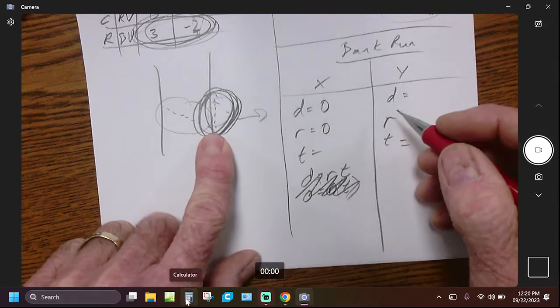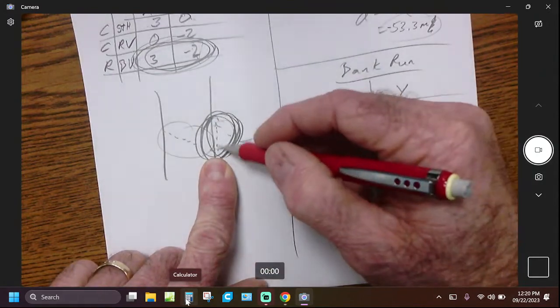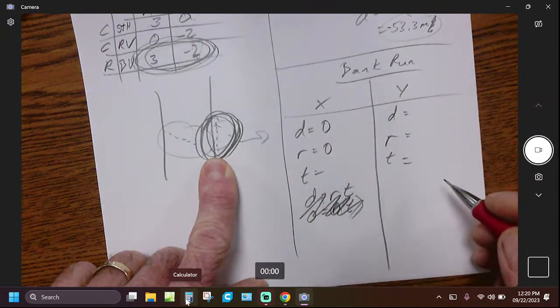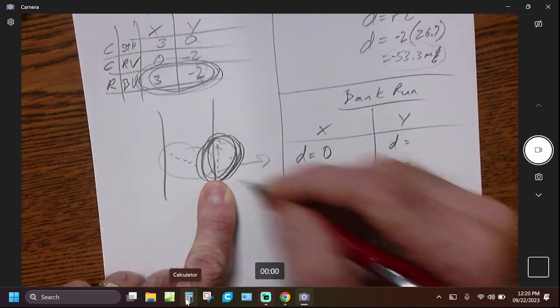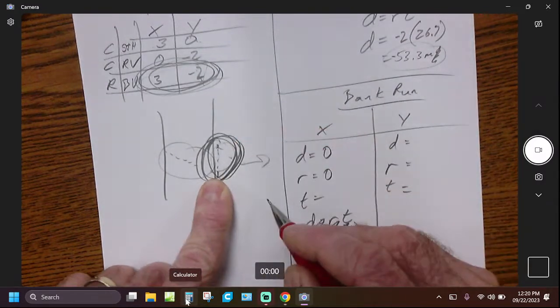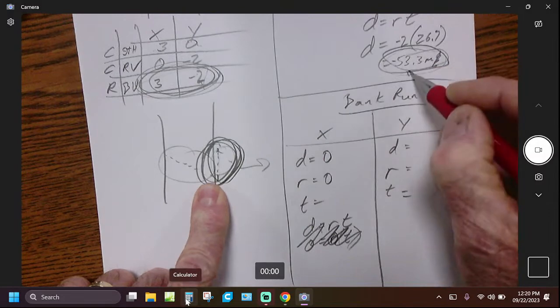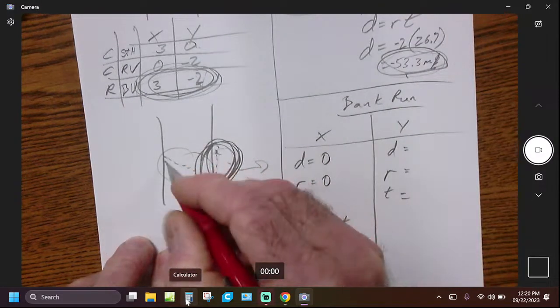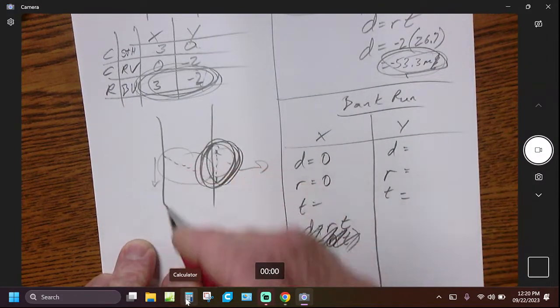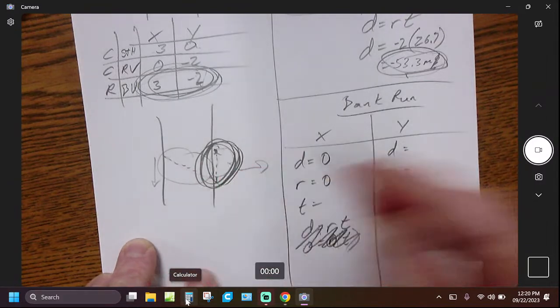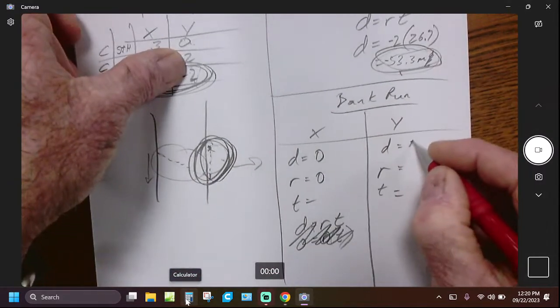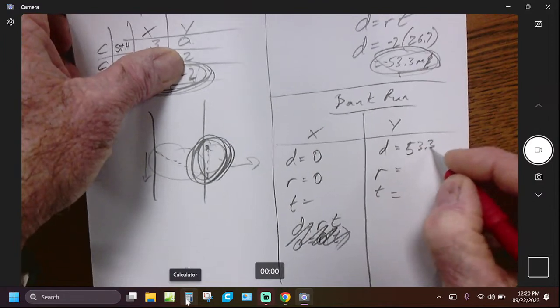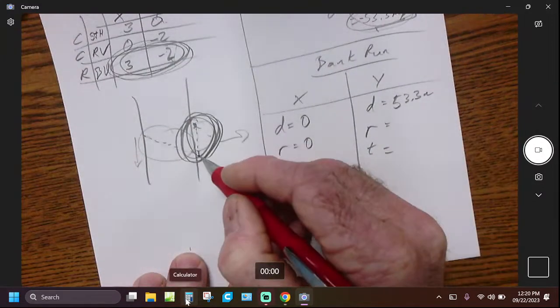So now in the y dimension, what's the distance that he travels? How far is it from here to here? Well, right here we found out that when he did this, his y displacement was negative 53.3. So to get back to here, this has got to be 53.3. And what's his rate going this way?